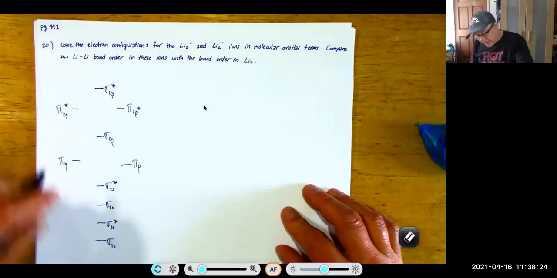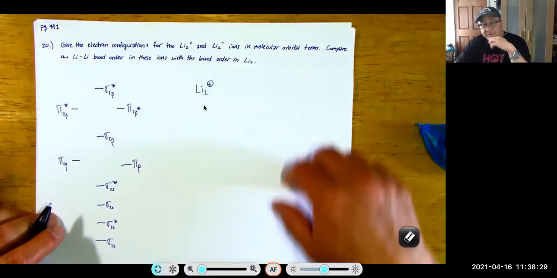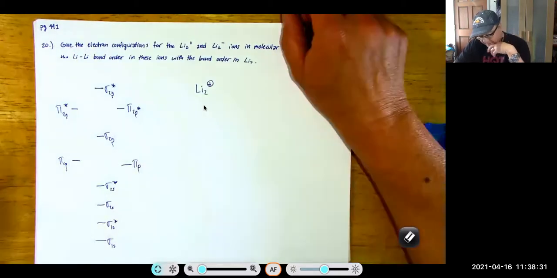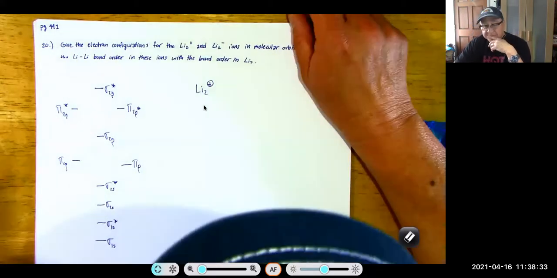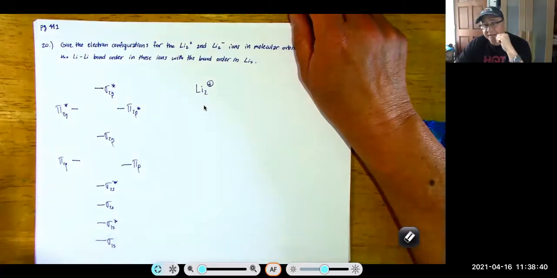Okay, so let's look at lithium plus. How many electrons does lithium have in total? 3. How many does two lithiums have? 6. So how many does two lithiums with a +1 charge have? 5.